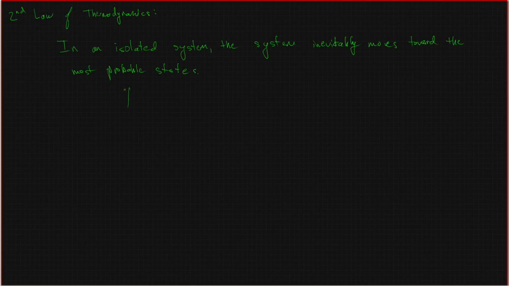What we'll reframe this as later is that entropy, which we're not defining right at the moment, but you've probably heard this phrase before, can only increase in an isolated system. That's all this is saying.